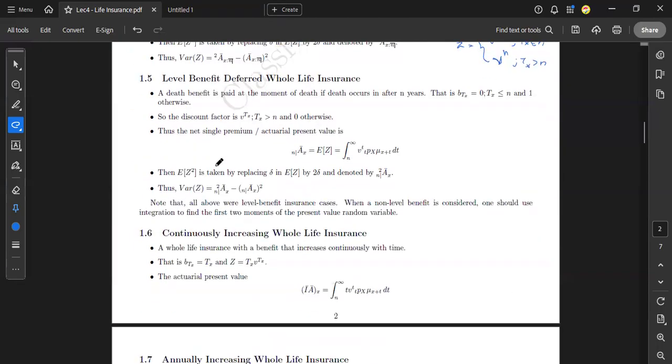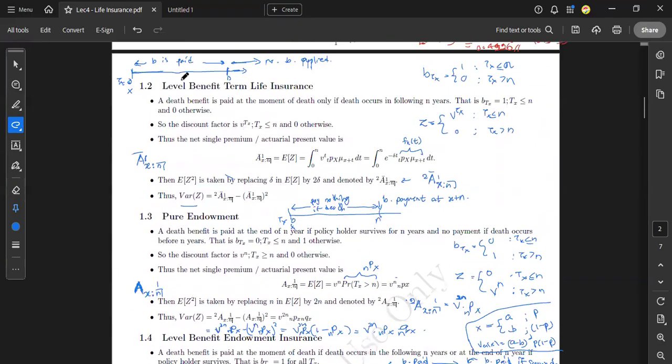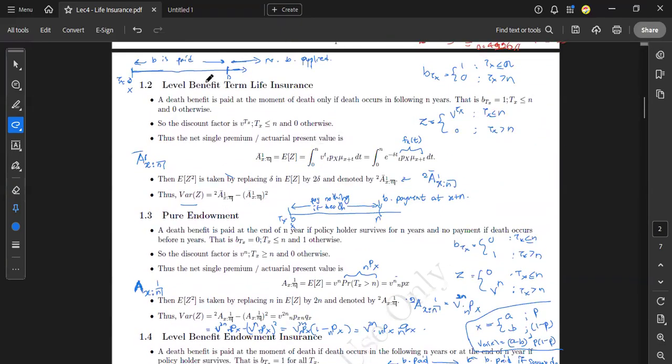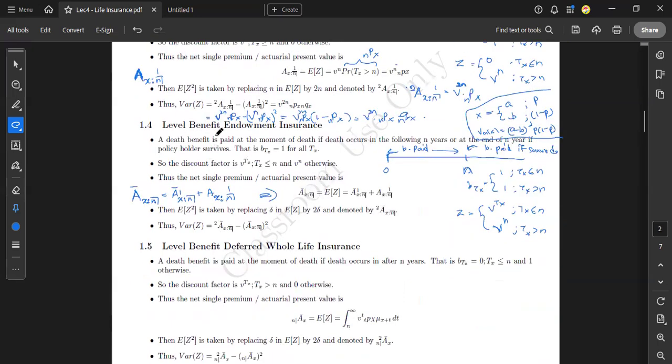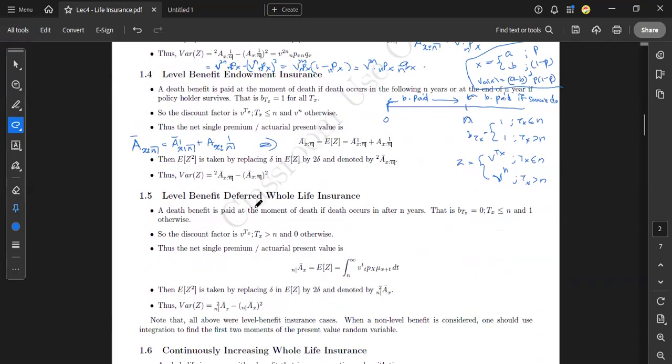Now, in these two cases, we had a term which is 0 to n. In here, the benefit is paid between 0 and n. In here, the benefit is not paid between 0 and n, but at the moment of n. In here, it is a combination, but still the benefit is not being paid after n years.